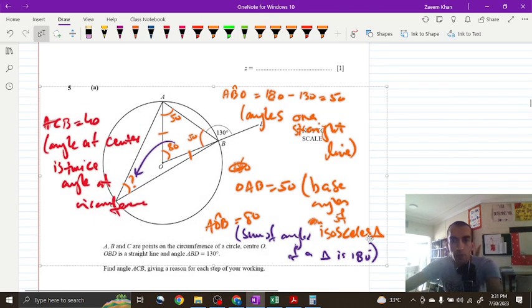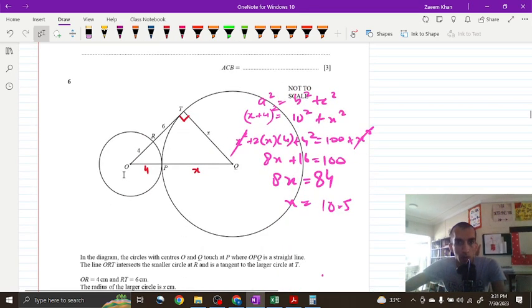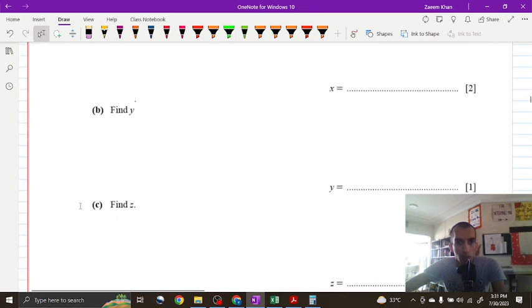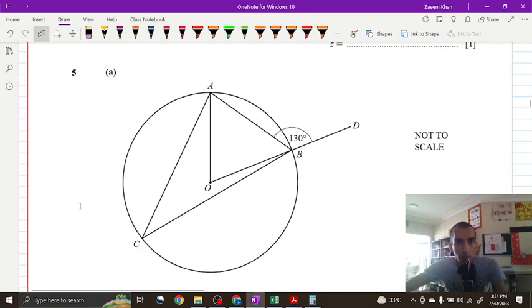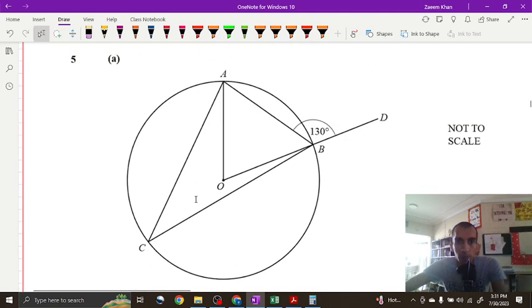Let's do one which involves reasoning. This is the one. They're asking to find angle ACB. Angle ACB is the angle all the way down here, and we have to solve this with the help of reasoning. What do you think should be done?